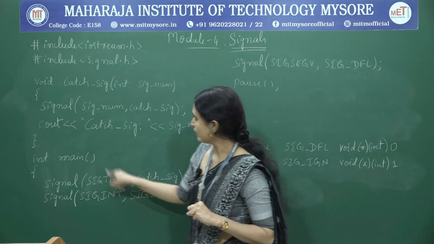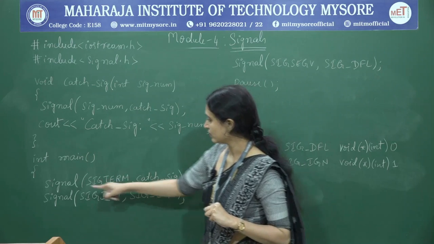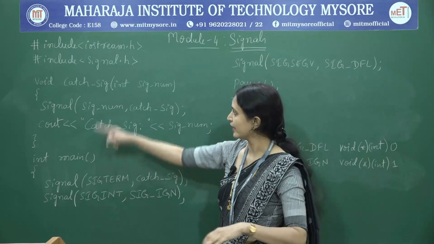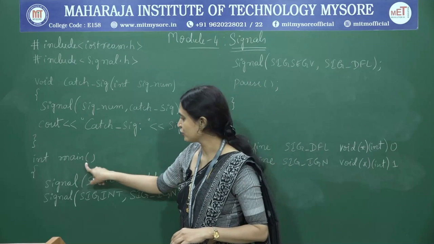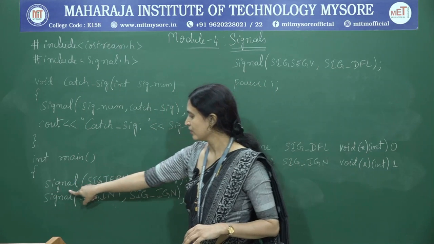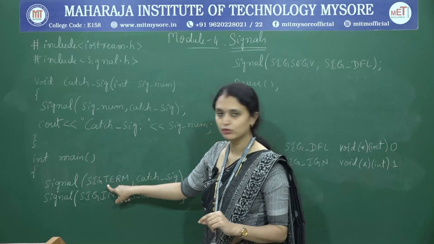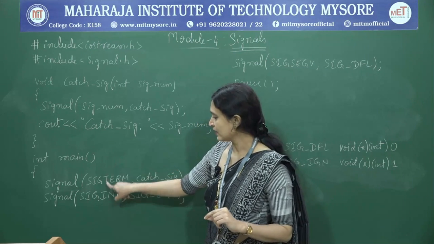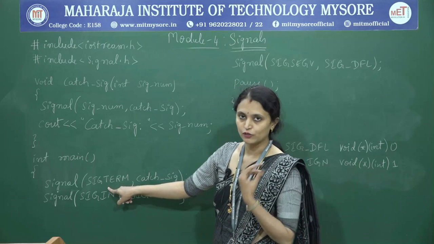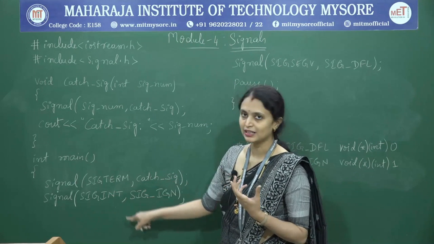So what is happening here? I will go on with the main function and later I will explain this. In main, first we are invoking the signal API. The first argument is the integer signal number, such as SIGTERM, SIGINT, as I already told you.